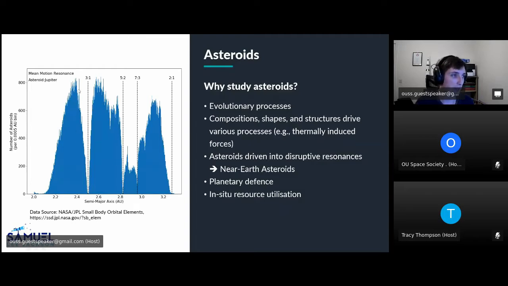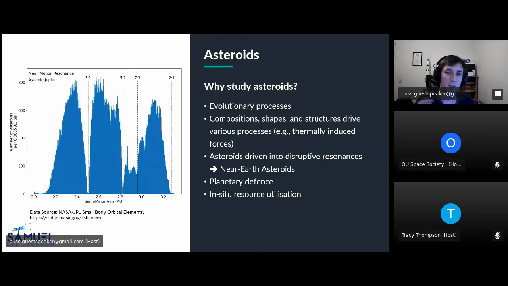So, for example, if we take this 3-to-1 line, this means that at around 2.5 astronomical units, an asteroid will orbit 3 times for every 1 orbit that Jupiter makes. And this means that every time Jupiter completes its orbit, it sees the asteroid in approximately the same position.